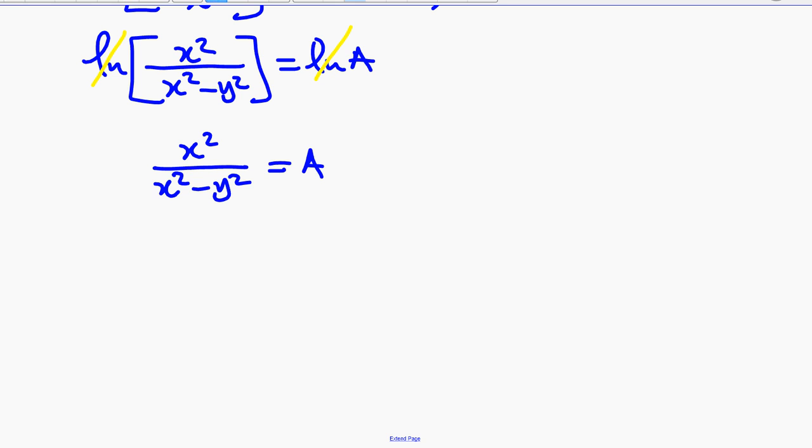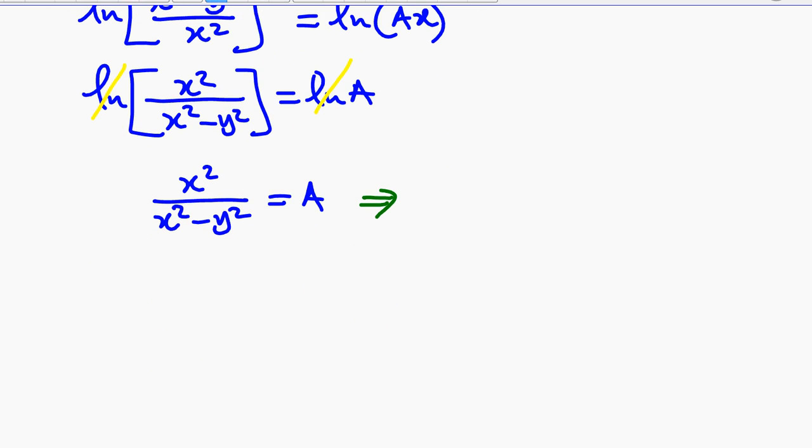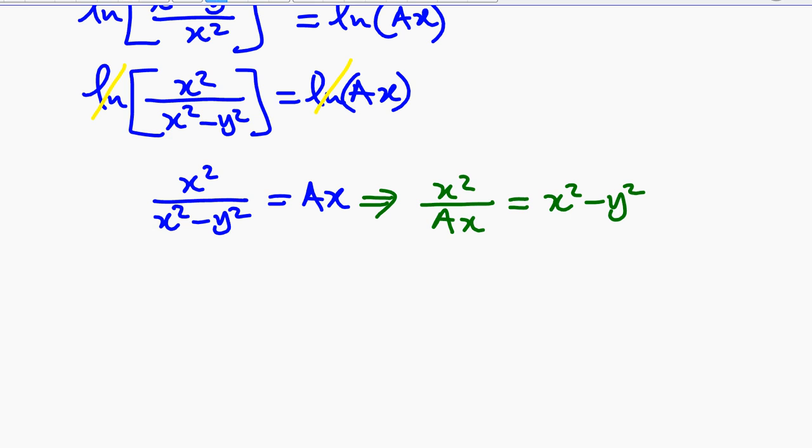I just need to check that I didn't... Oh, that's ax. Missed that. So we can rewrite this as x squared over ax is equal to x squared minus y squared, which can be simplified as x over a is equal to x squared minus y squared.